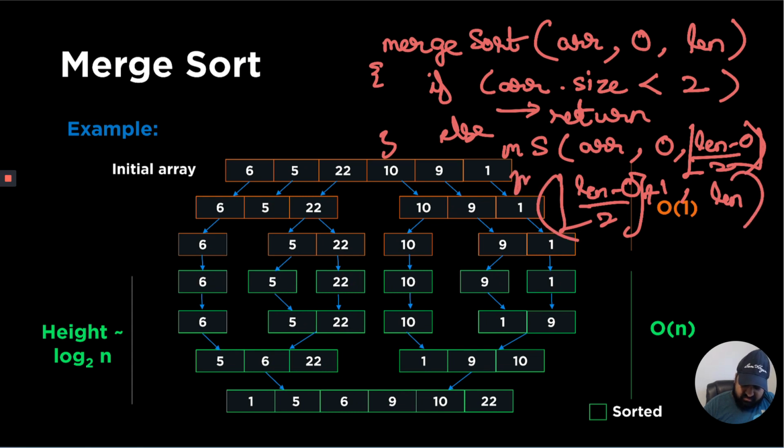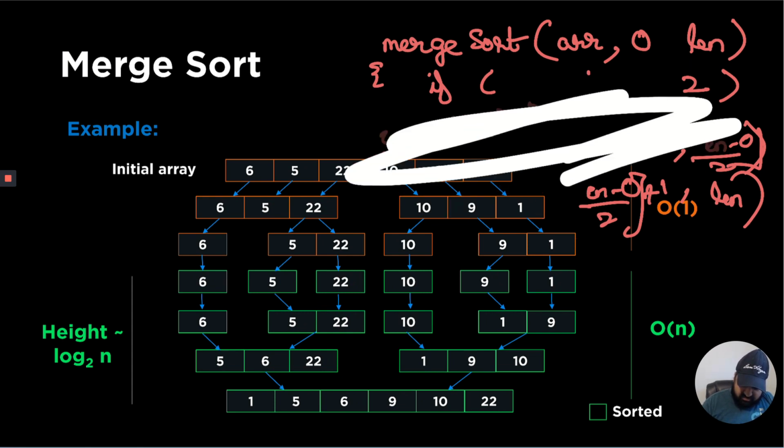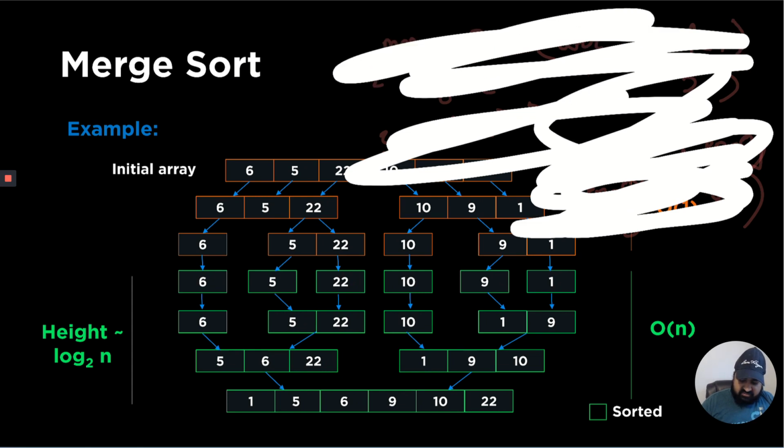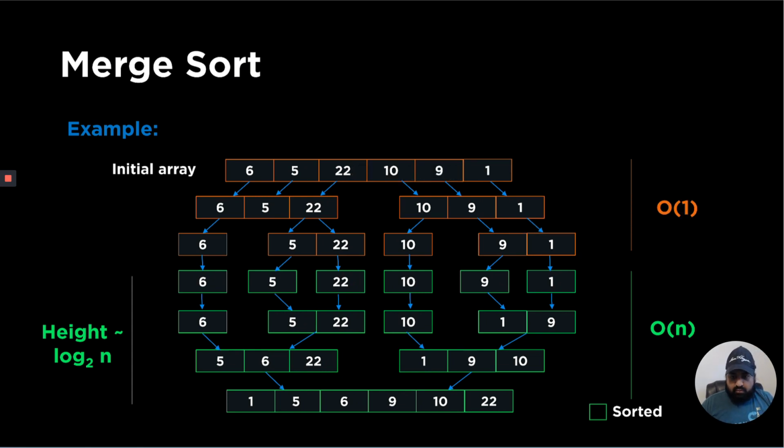So we are basically calling merge sort on these left and right halves, and these calls have complexity O of 1 because we are just recursively calling the function. We are still not doing any amount of work. So let's just delete this, and then I'm going to discuss the other parts of the execution. At every level, once we reach the recursive level where we have just one element, our recursion is going to go back up.